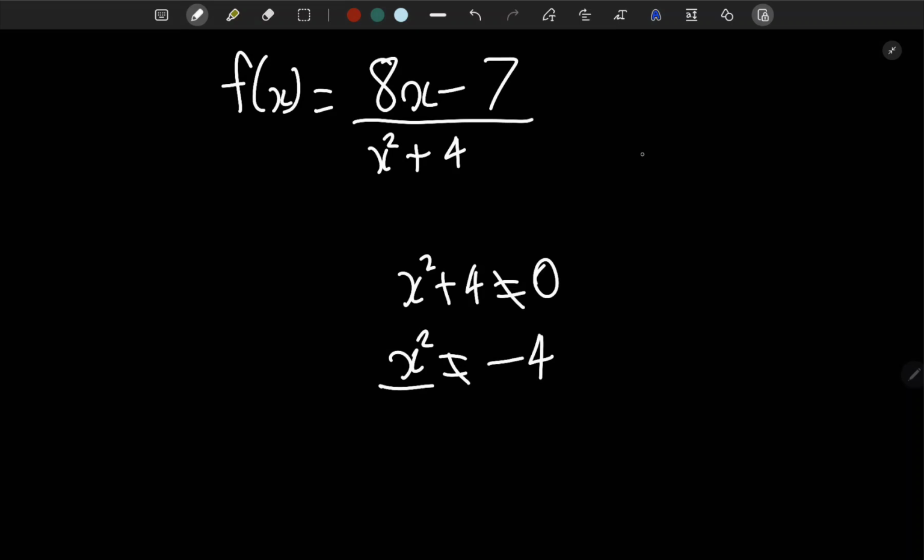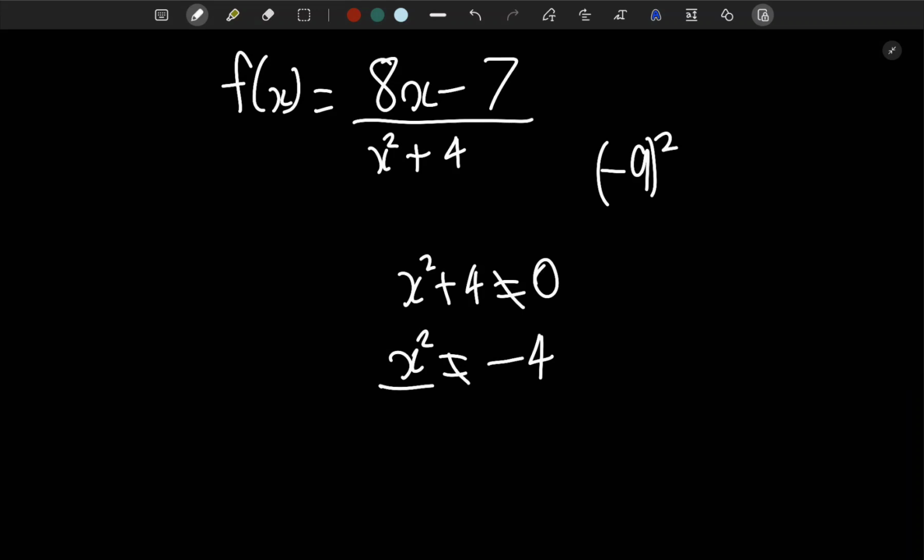And we know that any value squared is always a positive number. So it can never be a negative number if you square any number at all. You can try any value, negative 1, negative 2 in your x, and you will always get a positive number, since any number squared is always going to give you a positive number.